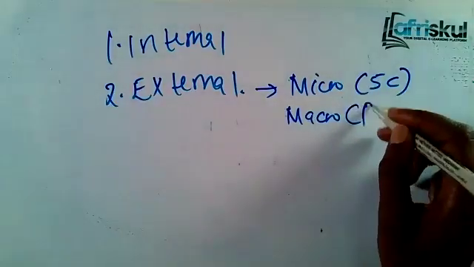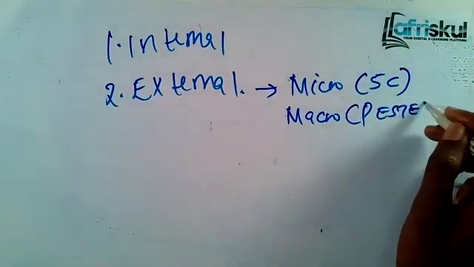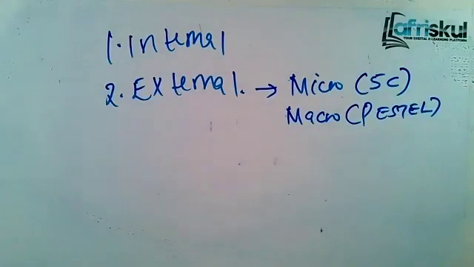So those are some of the external environmental factors. Under the external environment, we may have micro and macro environmental factors. For micro, we use 5C to understand it, and for macro, we use PESTEL.